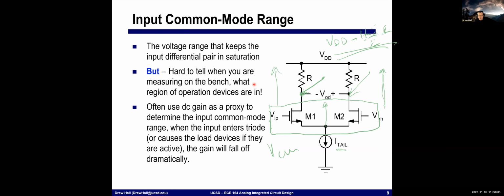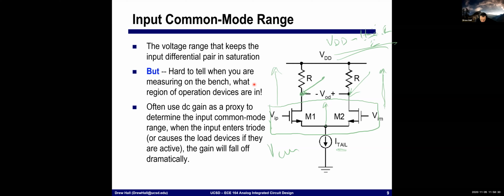And this whole circuit is really predicated on getting good transconductance, or GM, from M1 and M2. And we know that once you enter triode, we no longer have good transconductance. And so the gain, GM times R, of this differential pair would start to fall off pretty dramatically if the common mode was outside of the range.